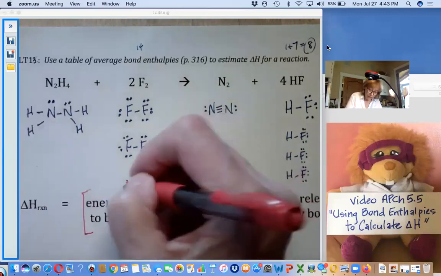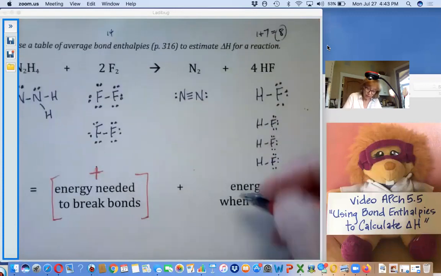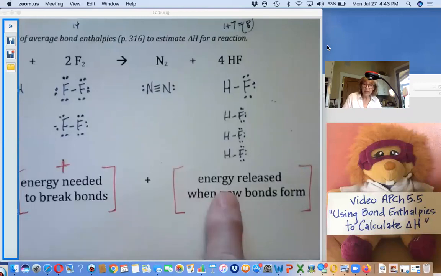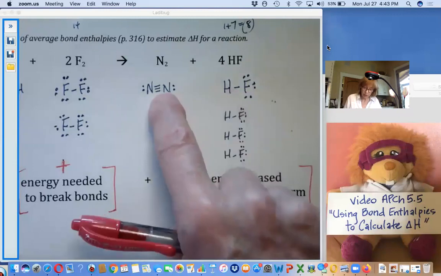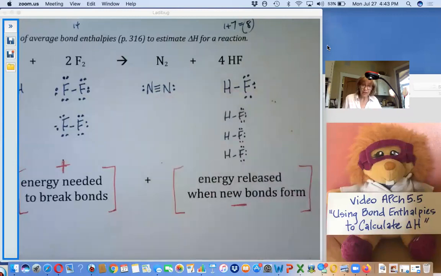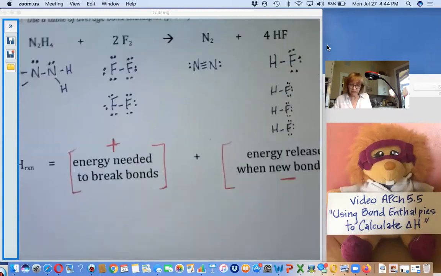That value is always endothermic. And then I'm going to come over here on the product side and add up the energy that is released every time I make a new bond. Those values are all negative because that process is exothermic.